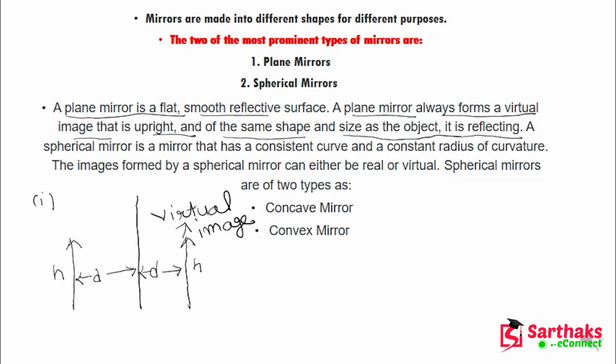Now, why am I telling you all these things? Because we have another mirror to study, and that is the spherical mirror. Spherical mirrors are different from plane mirrors because these are curved mirrors.